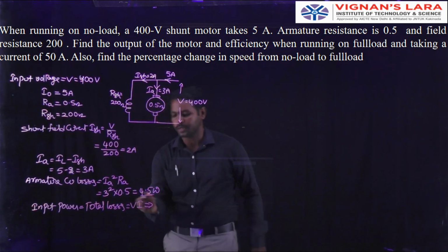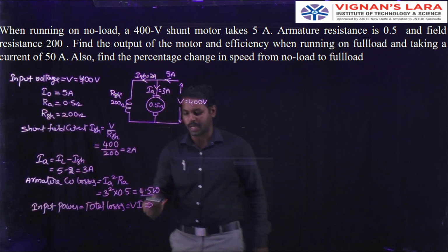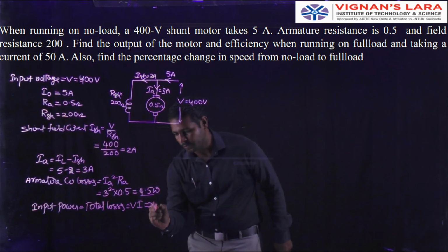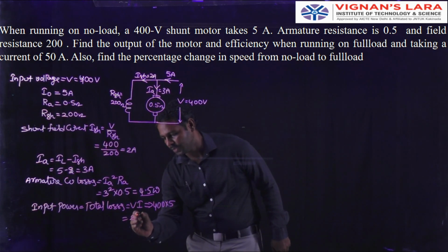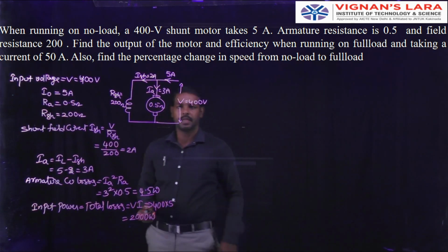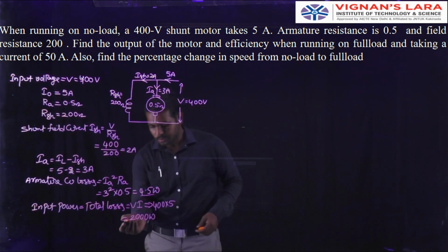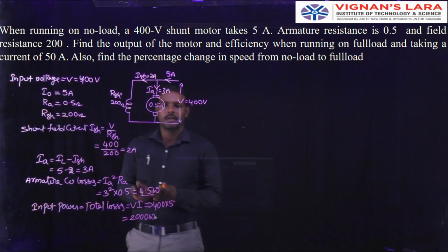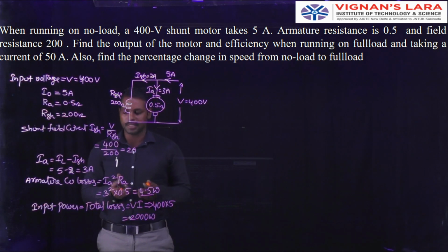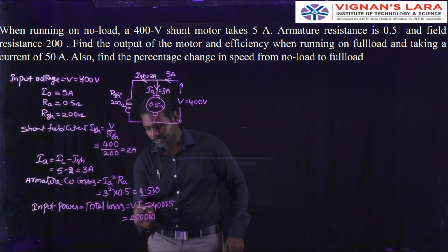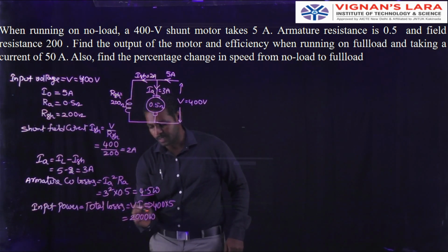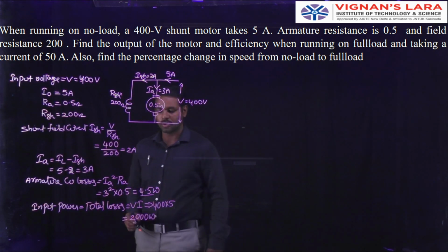The input voltage multiplied with the input current is equal to 400 multiplied with 5, which is equal to 2000 watts. This much power is drawn from the supply, and this power is utilized for the losses in the motor. That is why it is called the total losses in the motor, equal to 2000 watts.